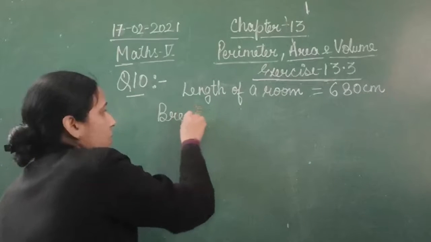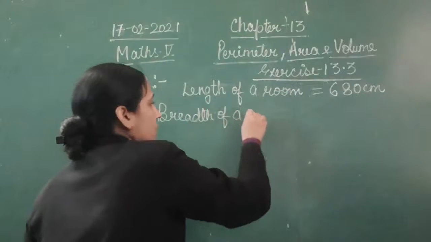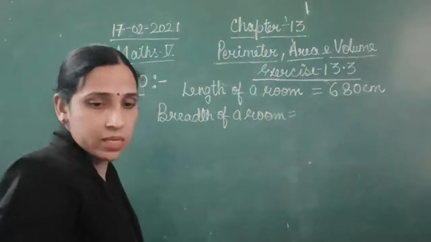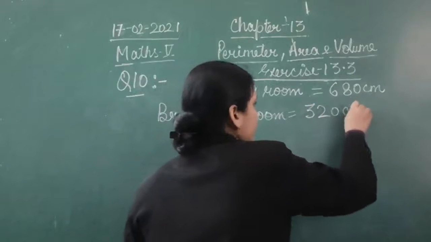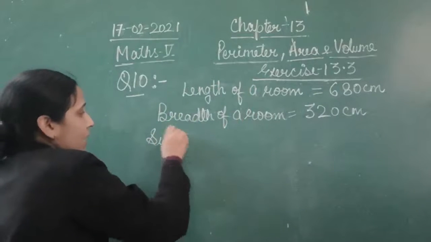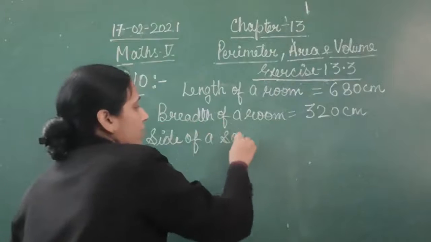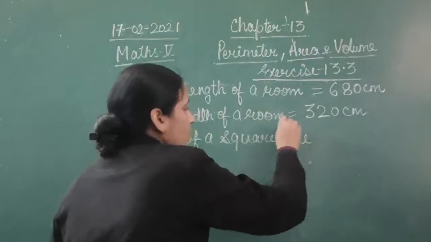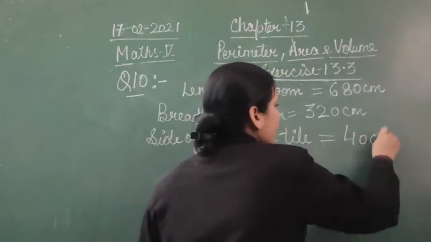Breadth of a room is 320 centimeter. Side of a square tile is 40 centimeter.